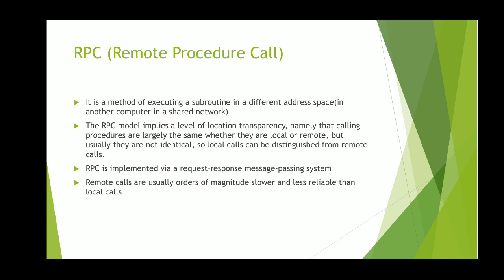And this RPC is a little different from other types of interprocess communication methods such as pipe, socket, signals, etc. Because in RPC we are executing a subroutine in a different system, but in the case of signals, pipe and socket we are sharing data between two processes.